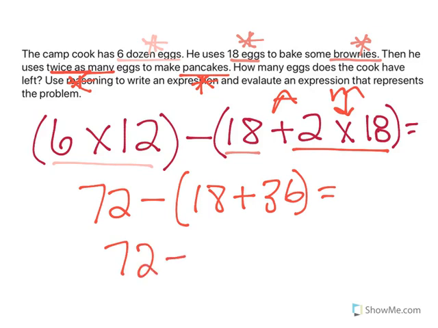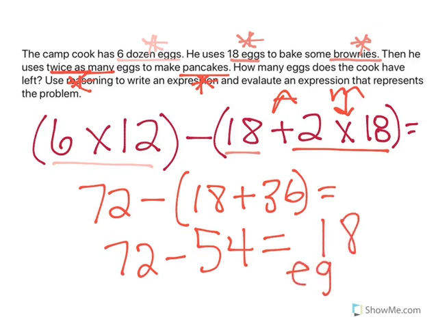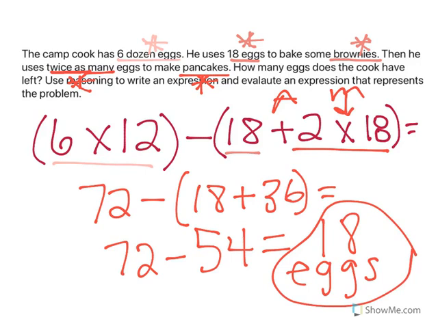So 18 plus 36, that equals 54. And then when we subtract 54 from 72, we are left with 18 eggs. So after the camp cook was done baking and cooking, he was left with 18 eggs.